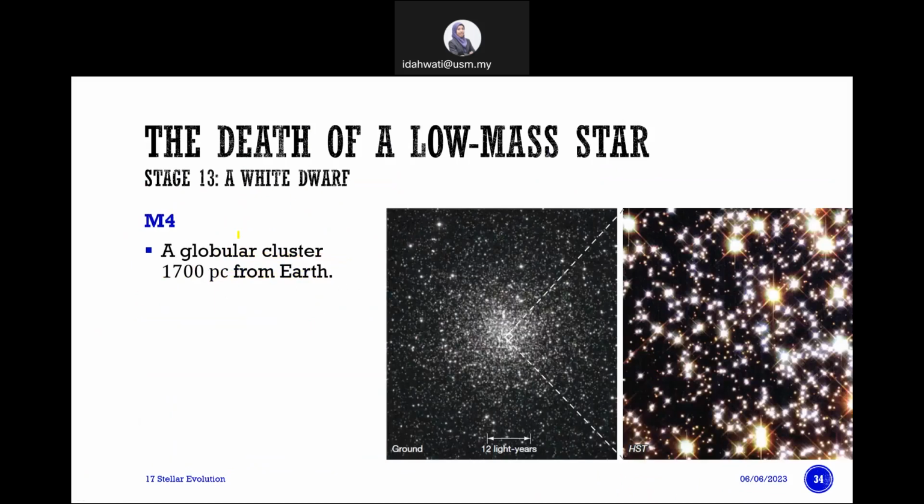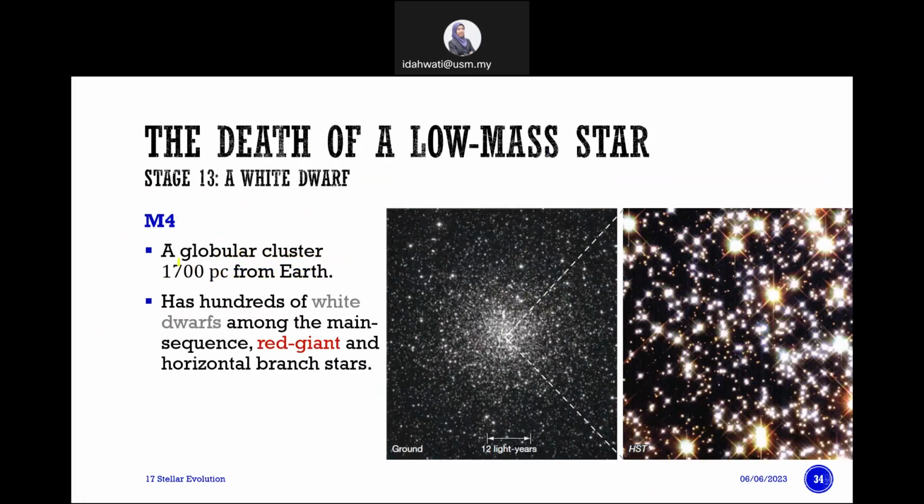And we have M4, a globular cluster at a distance of 1,700 parsecs from Earth, which has hundreds of white dwarfs. Here it is zoomed in to give this nice picture.